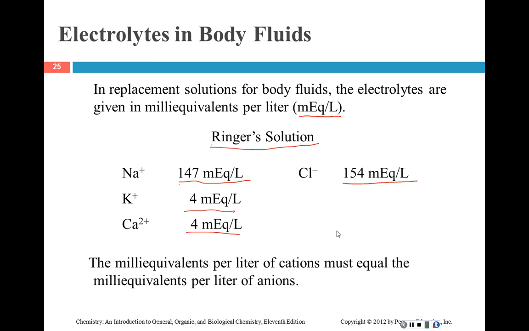You must have equal negative ions, which are called anions, with your cations, your positive ions. So if you have 154 milliequivalents per liter of positive ions, they must be offset with 154 milliequivalents of negative ions. In this case, you just use a chloride salt.